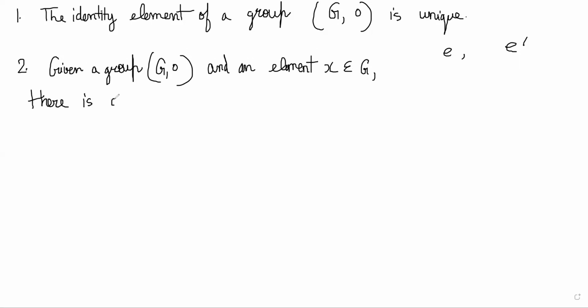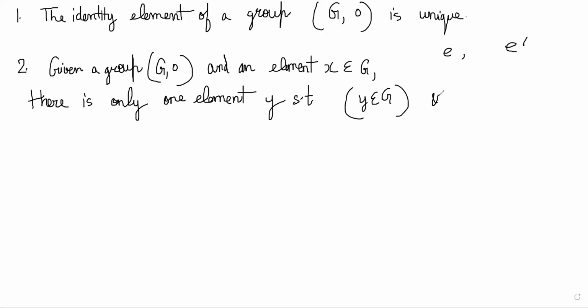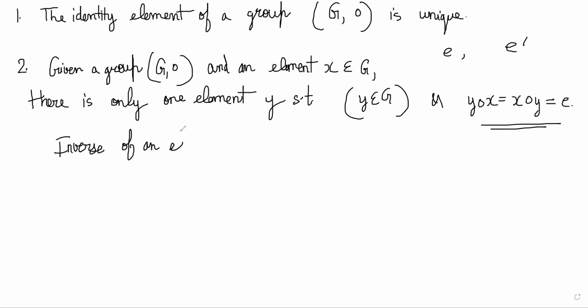There is only one element Y such that Y belongs to G basically, and Y dot X is equal to X dot Y is equal to E. So this is the definition of the inverse of X. What this property is saying is that the inverse is also unique. Inverse of an element is also unique.